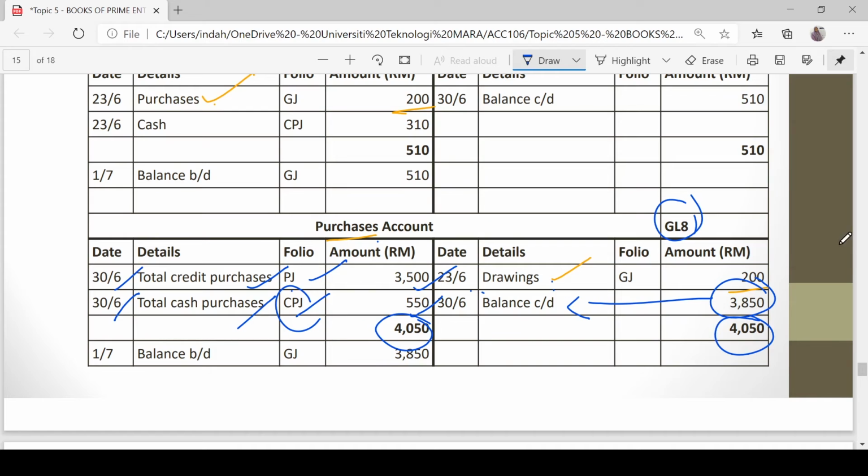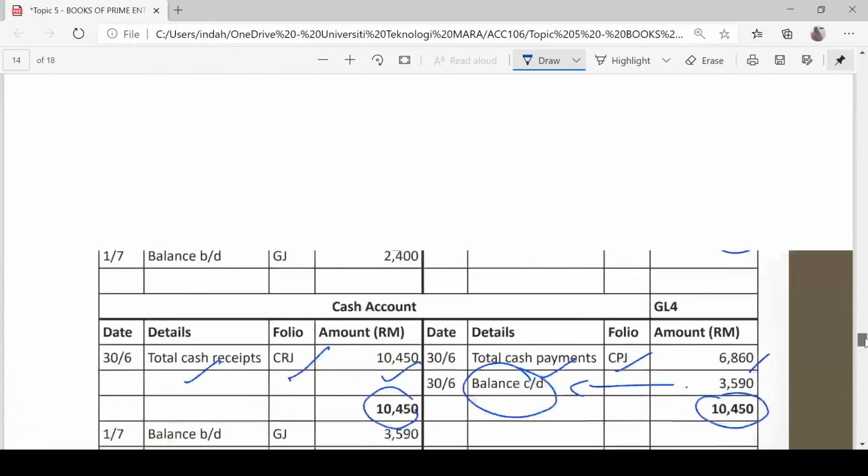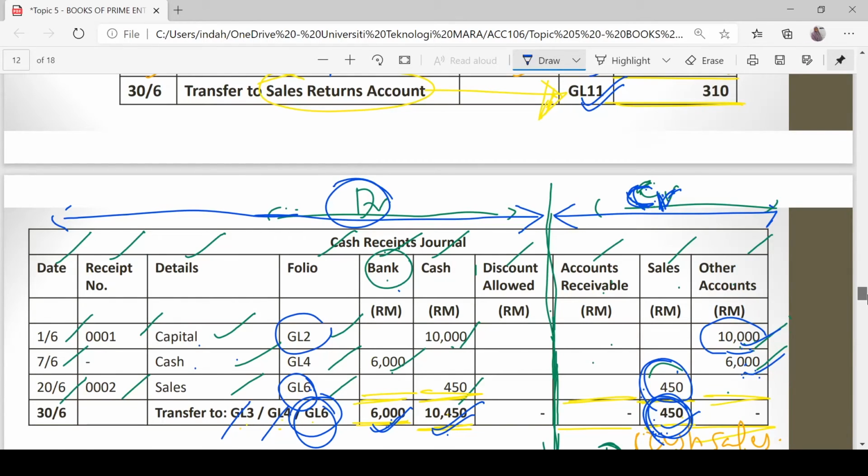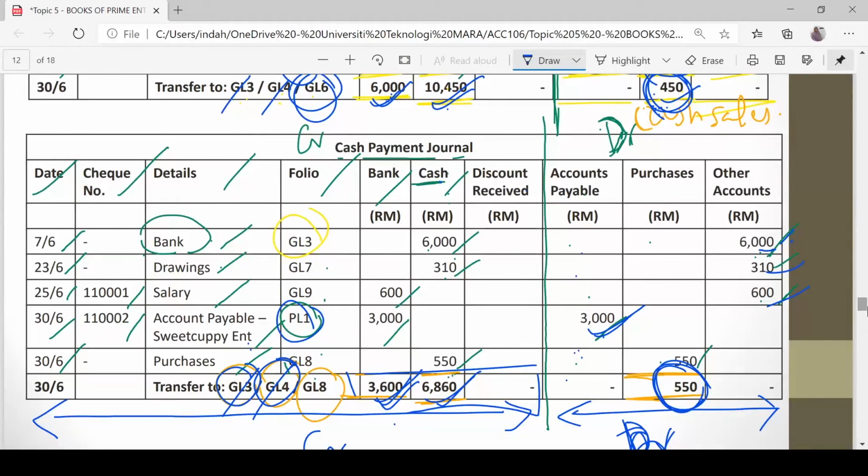What else do we have on the right hand side in the cash payment journal? We have bank, drawing, and salary. Bank is settled, because we included it in the cash receipt journal and transferred everything.